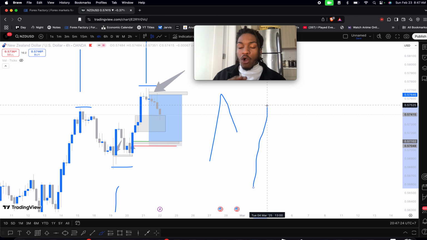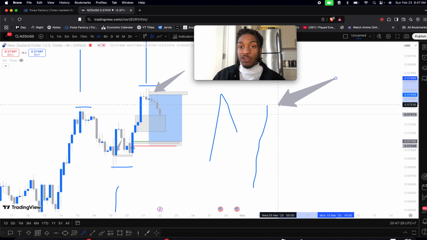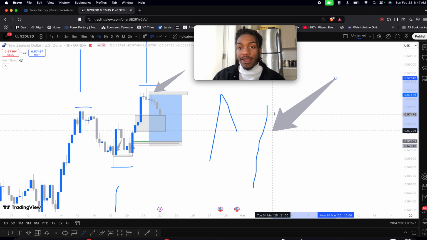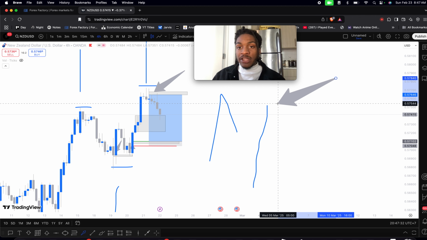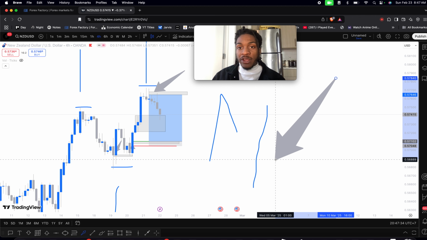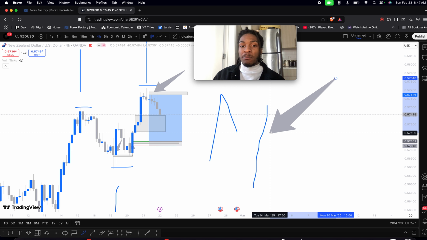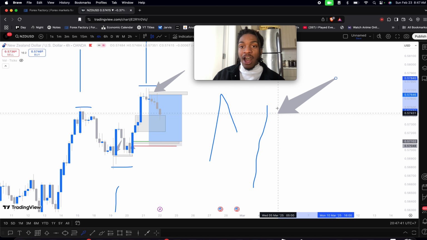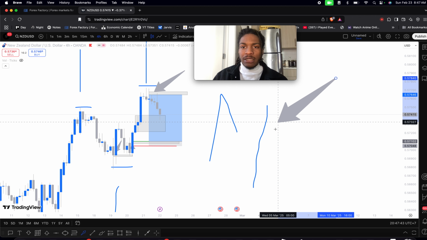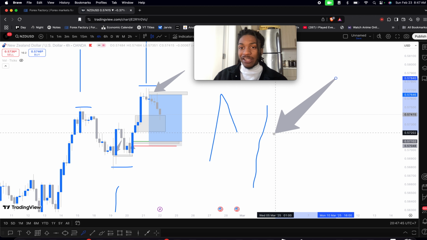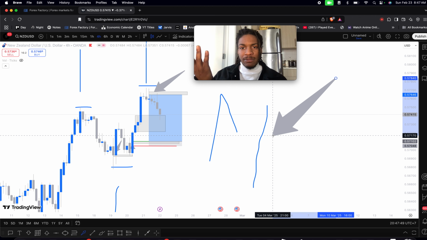What's wrong with that is the impulse move is pretty much over, because we're already at the high, right? Eventually the market needs to come back down to retrace. So it's actually dangerous to be entering a buy position at the top of the market and selling at the bottom, because if the market's going down and you're selling at the bottom, the move can already be over and it's about to go up.